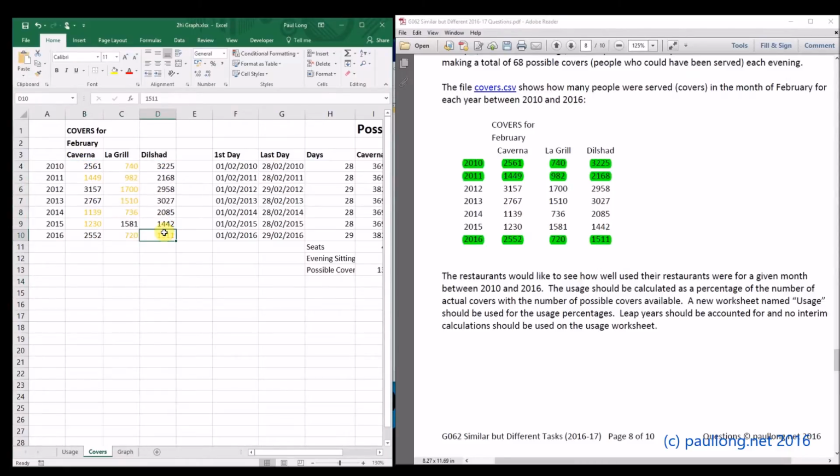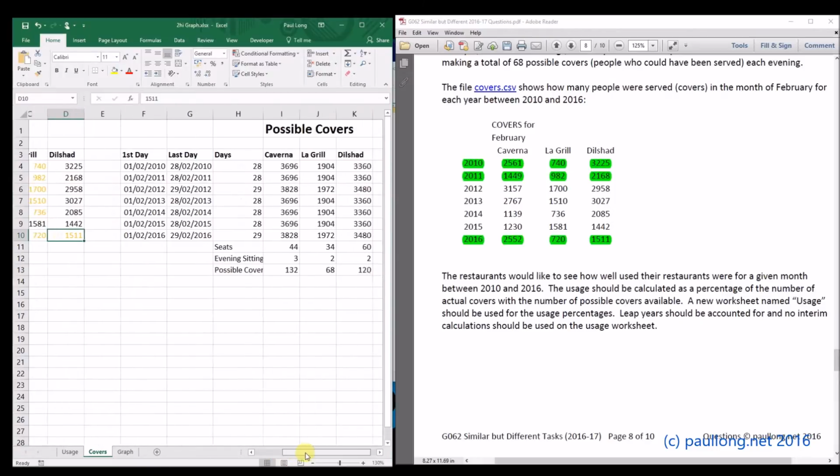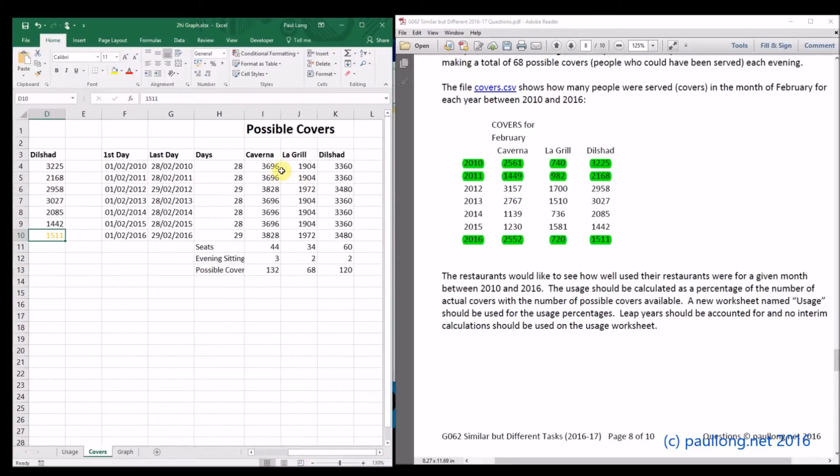actually served, and we've done some interim calculations over here that calculate the number of potential seats in each month of each year, and you can see that most of them have got 28 days in the month, but in leap years we've got 29 days.